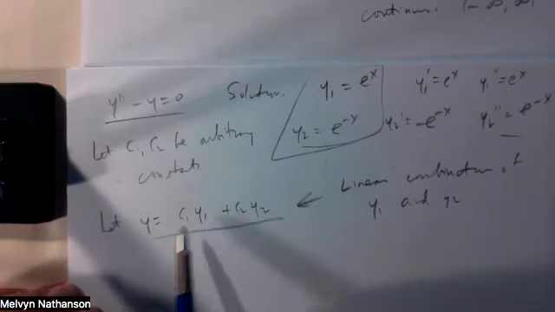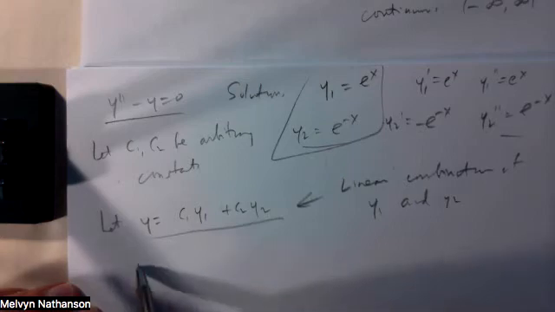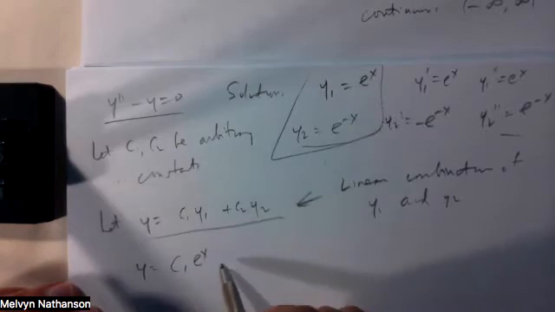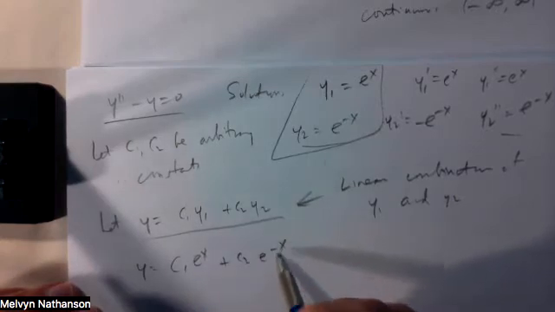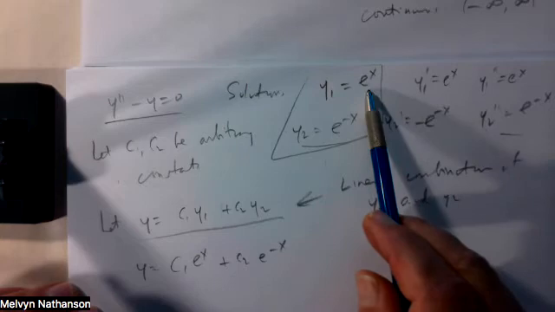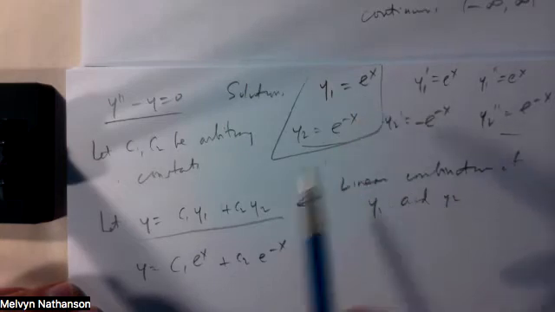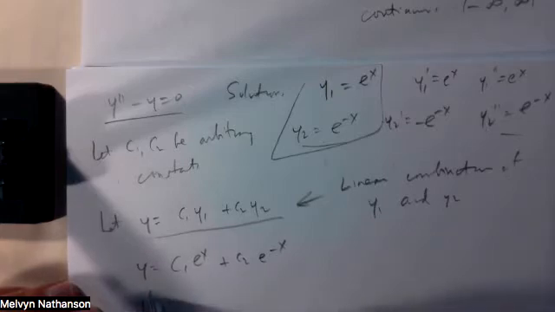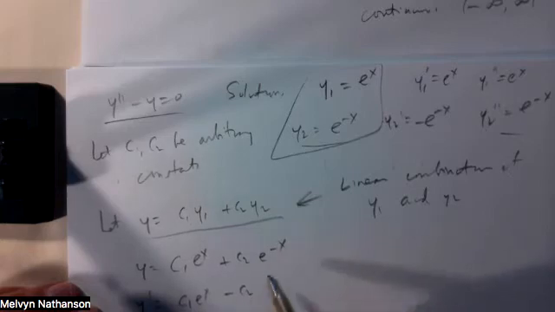So let's just check. y is equal to C1 e to the x plus C2 e to the minus x, because y1 is the function e to the x and y2 is the function e to the minus x. If I differentiate this, I get C1 e to the x minus C2 e to the minus x.